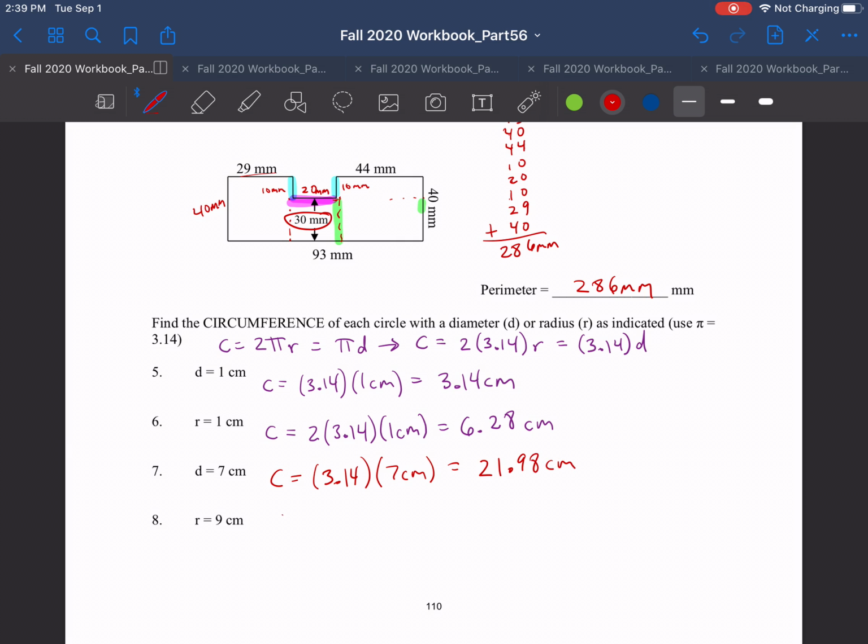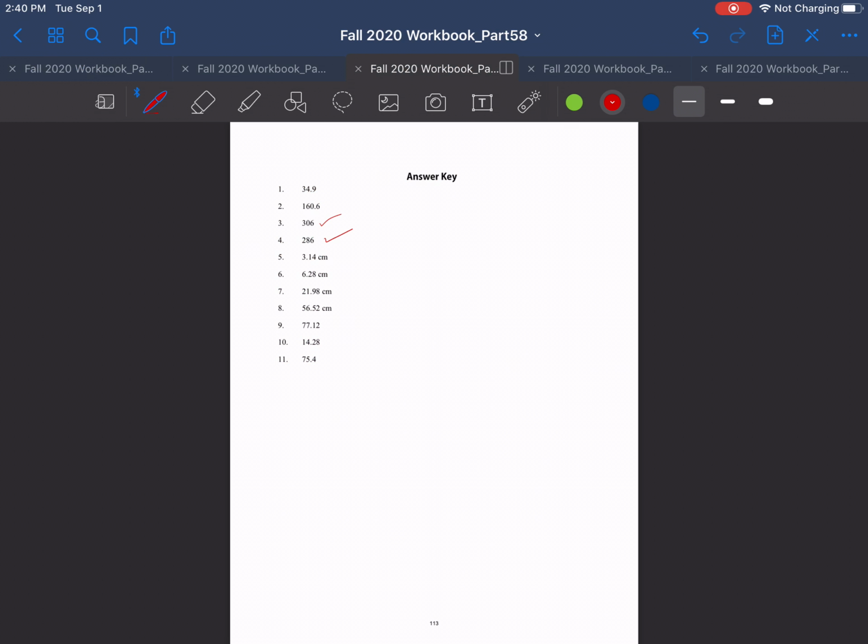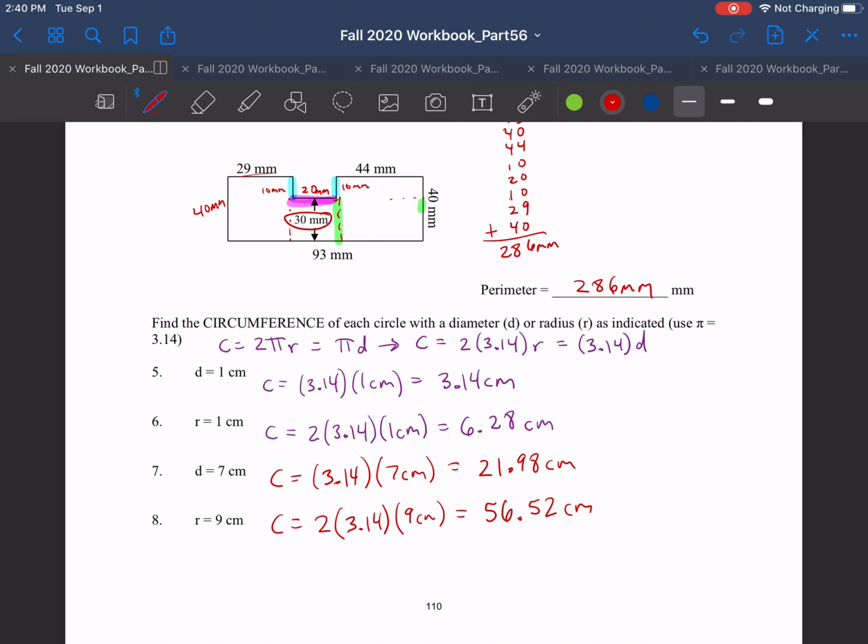And then the last one, circumference, is 2 times, because we have the radius here instead of the diameter, so 2 times 3.14 times the radius of 9 centimeters. And so that's 2 times 3.14 times 9, and that gives us 56.52 centimeters. And if we want to check those with numbers 7 and 8, so we got 21 and 56, 21, 56.52. So we got those good.